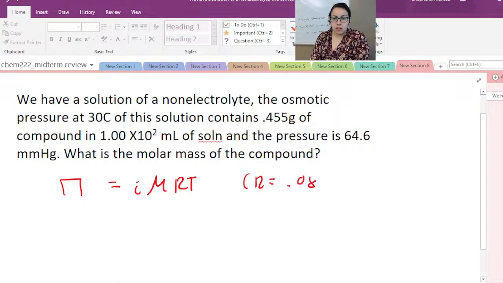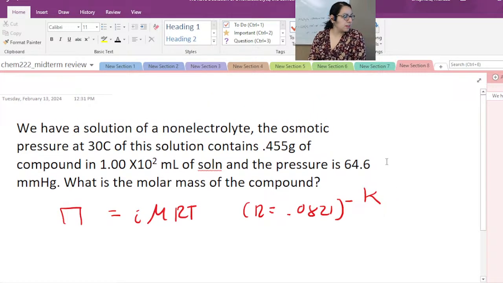It's uppercase pi, big pi. That's the same as pi equals i M R T, where i and M together give the colligative molarity. And R is our gas law constant. We will have to convert to Kelvin because of the gas constant.